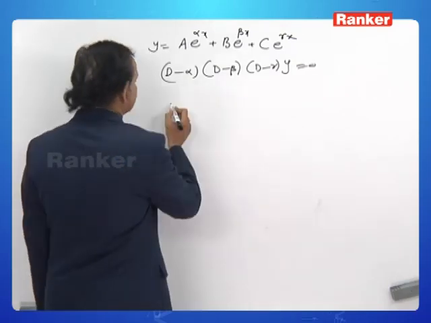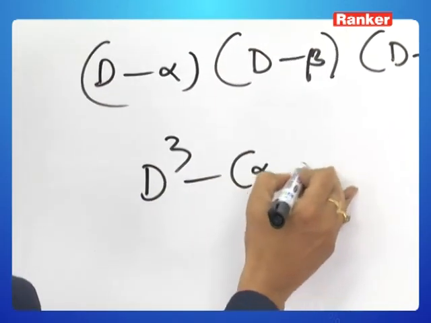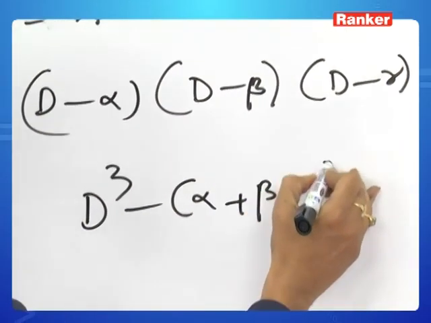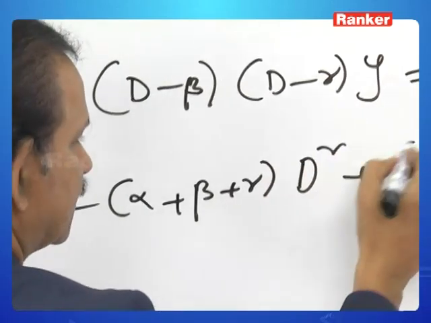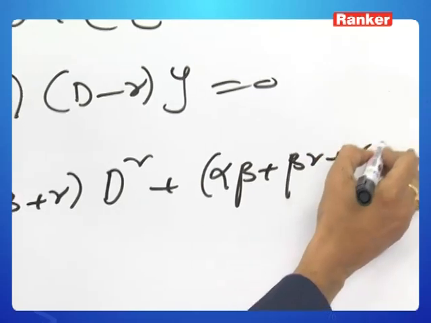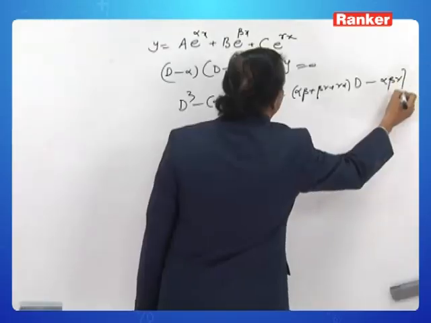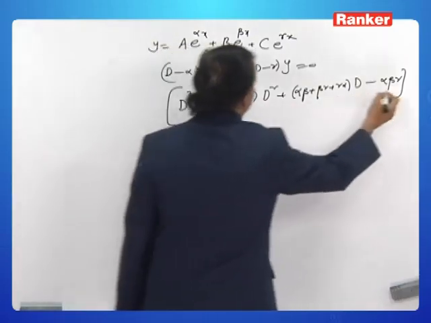That is, D cube minus (alpha plus beta plus gamma) D square plus (alpha beta plus beta gamma plus gamma alpha) D minus alpha beta gamma of y is equal to 0.